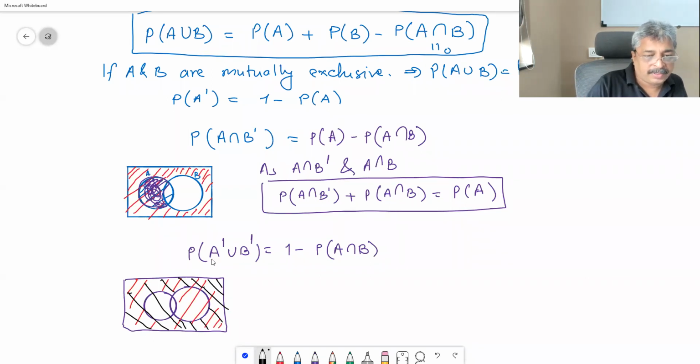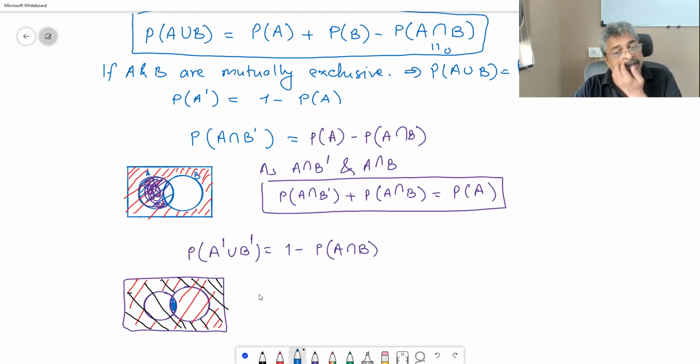And we want A dash union B dash. So the only thing we don't want is this. Therefore, 1 minus P of A intersection B is going to be the remaining part, because P of A intersection B and P of A dash union B dash are complements of each other, and they occupy the entire space.